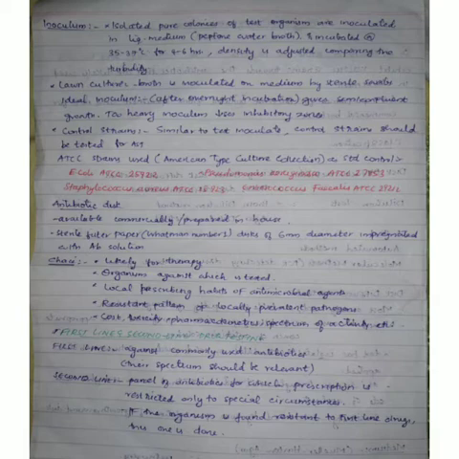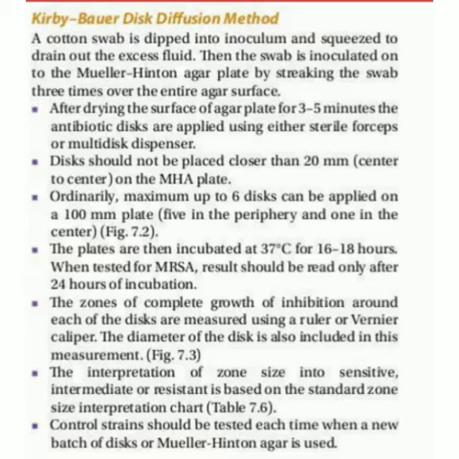Now we will go on to each of the methods, and the first one is the Kirby-Bauer disc diffusion method. Here, first a cotton swab is dipped into the inoculum, and then we squeeze it and drain out all the excess fluid. Then we inoculate the Mueller-Hinton agar by streaking the swab three times over the entire agar surface.